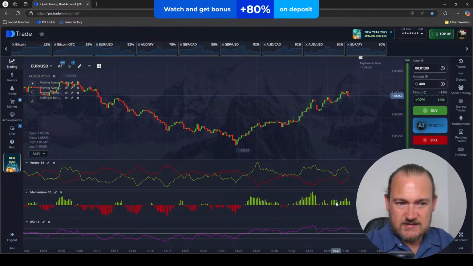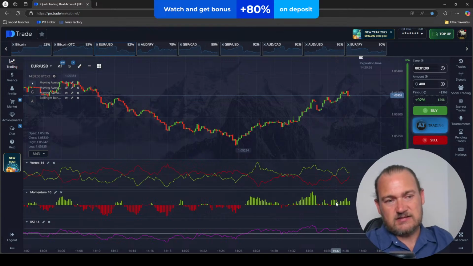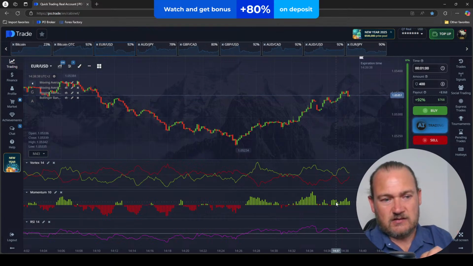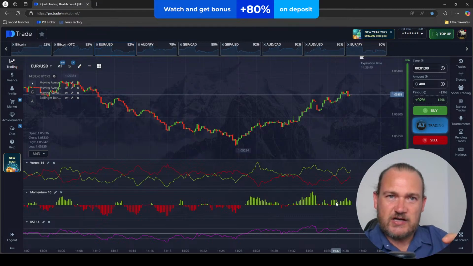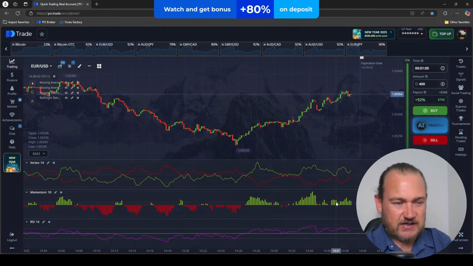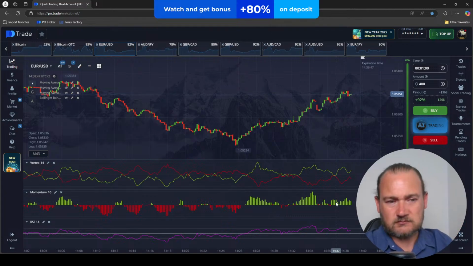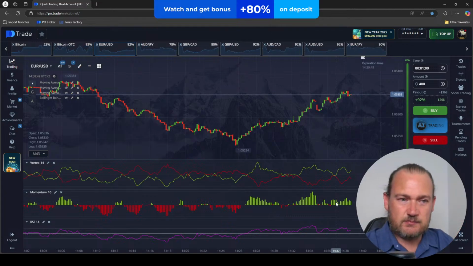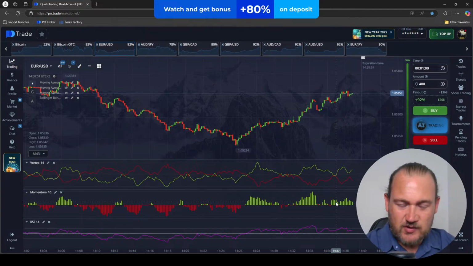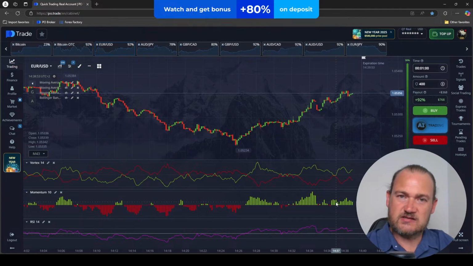Make sure you understand this. You have to practice your timing of your entries. You have to practice keeping an eye on the vortex and momentum. Please practice any strategy if it's new to you.